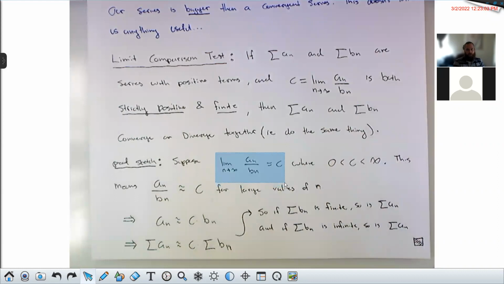So if the limit of an over bn is some positive finite constant, then the series sigma an is basically that constant times the series sigma bn. Close enough that if one is finite, so is the other. If one is infinite, so is the other.